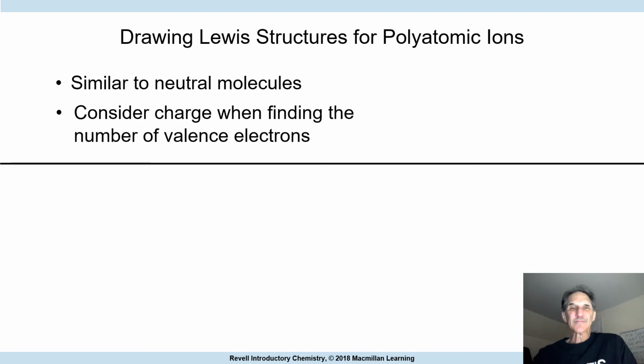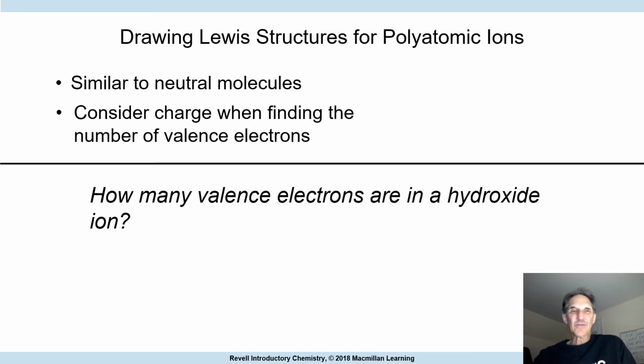So drawing the Lewis dot structures for the polyatomic ions, well, we just did the formal charge of them, and it's similar to how we would draw a Lewis dot structure for neutral molecules, but we'd consider the charge there. So for hydroxide, we know that that's what it is.